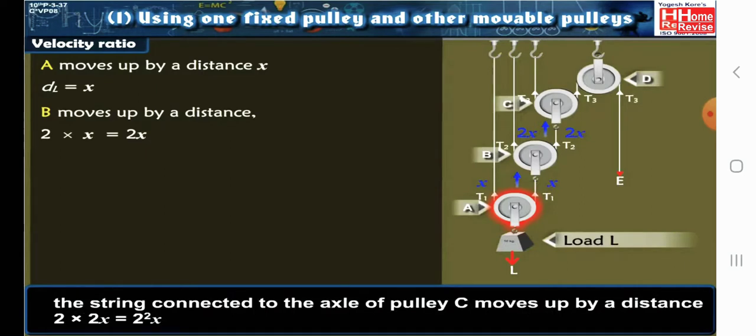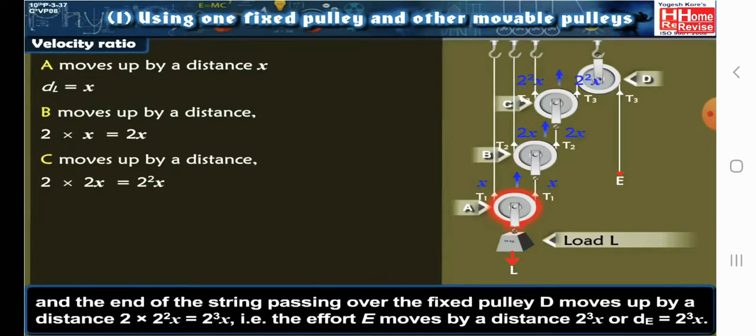The string connected to the axle of pulley C moves up by a distance 2 into 2x, which is equal to 2² x, and the end of the string passing over the fixed pulley D moves up by a distance 2 into 2² x, which is equal to 2³ x.